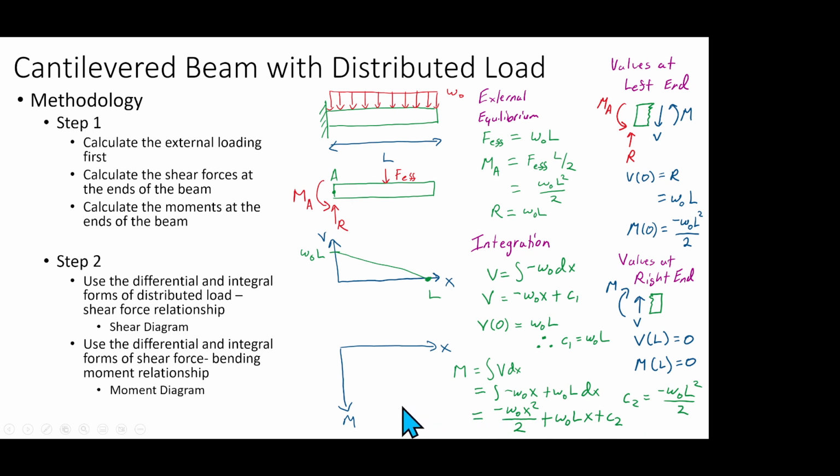When we go ahead and plot, we could again probably put in 2 points. We know what's happening at 0, and we know what's happening at L. It starts at minus W naught L squared over 2, and it goes to 0. So we could plot a point here and a point here, knowing that it's a negative quadratic, and plot it that way.